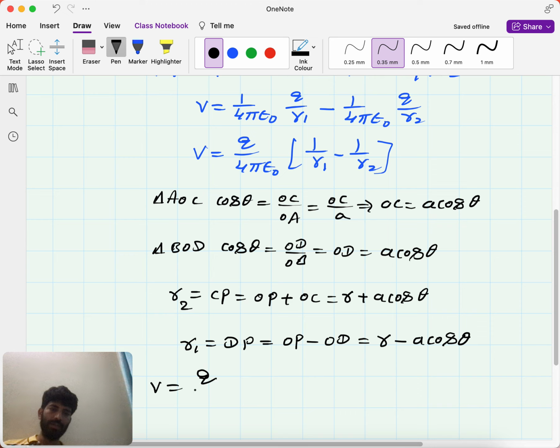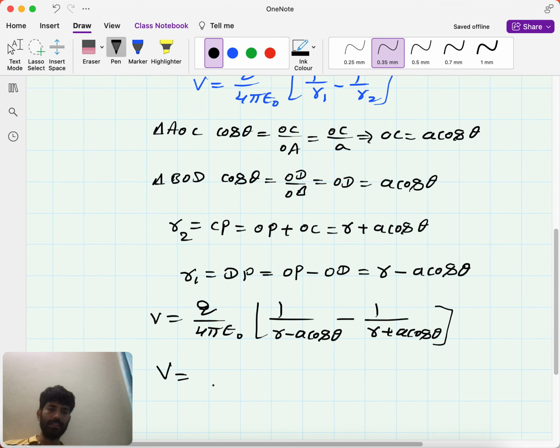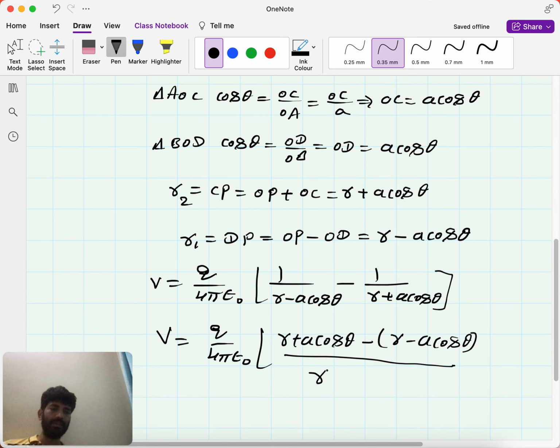V is equal to q by 4 pi epsilon naught into 1 by r minus a cos theta, minus 1 by r plus a cos theta. Now we take the LCM.